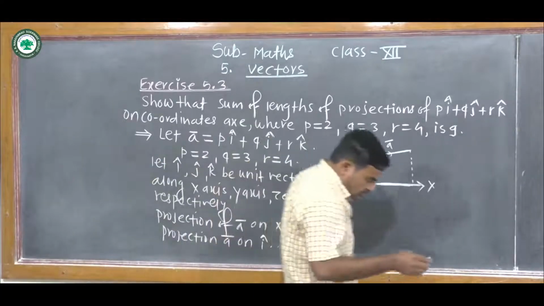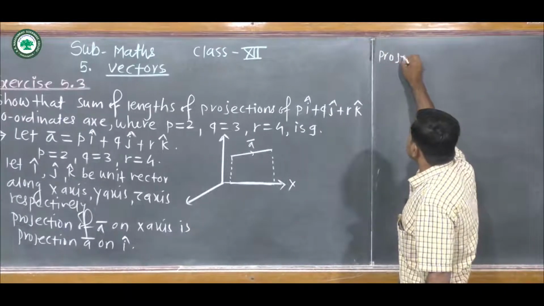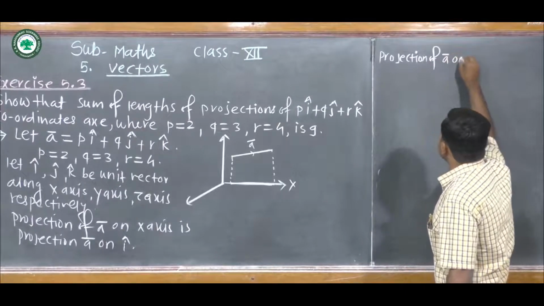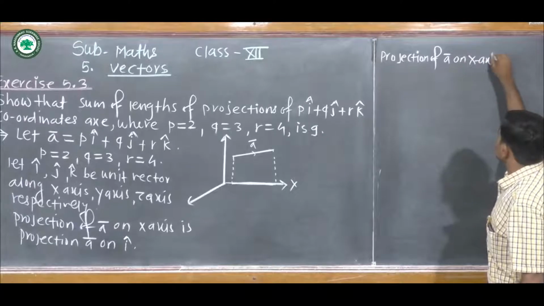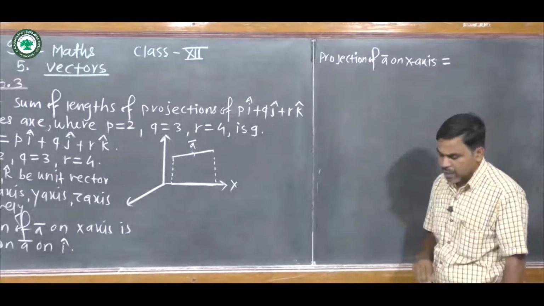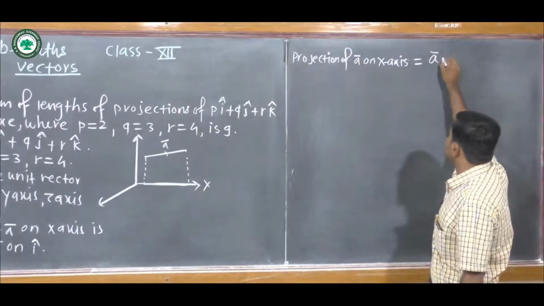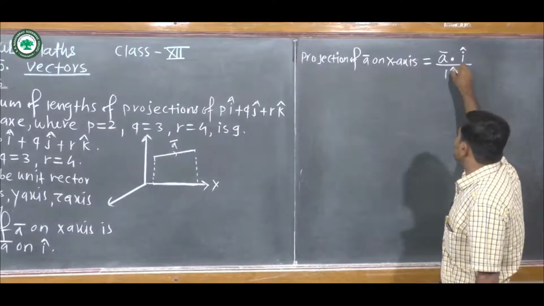So projection of A bar on x-axis is equal to projection of A bar on I cap. So projection of A bar on I cap is A bar dot I cap divided by magnitude of I cap.